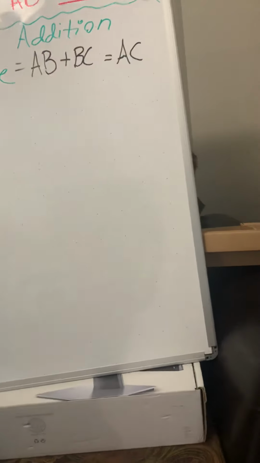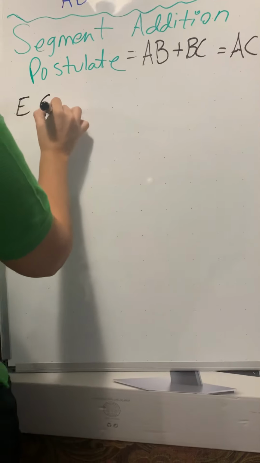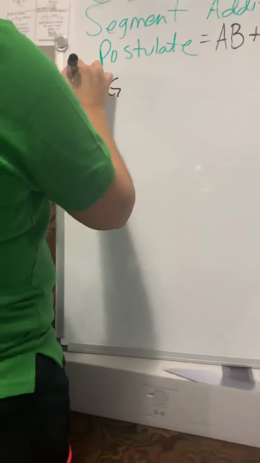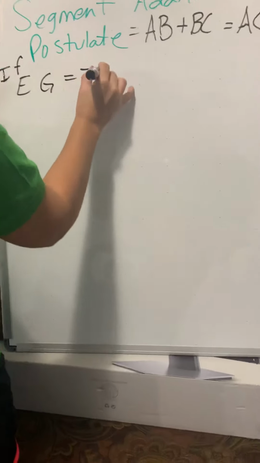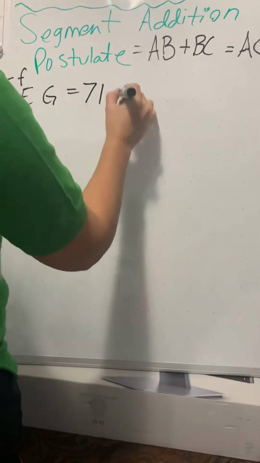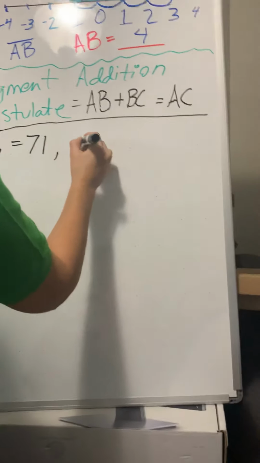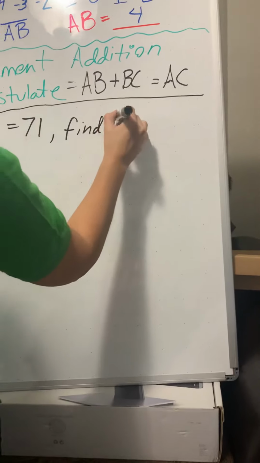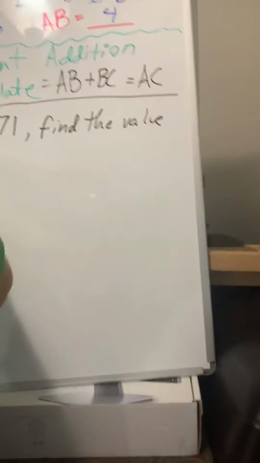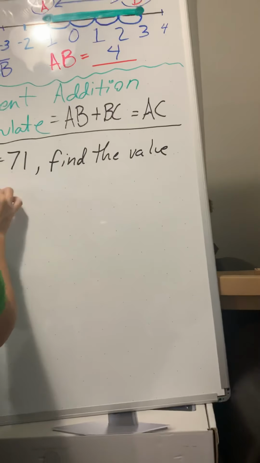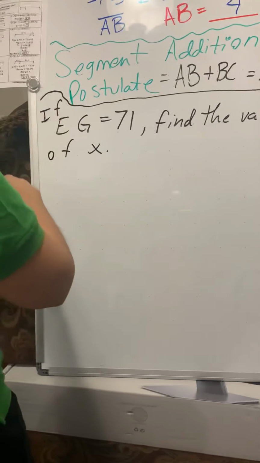So we're going to say if EG equals 71, let's find the value of X, right? And this is what it looks like.